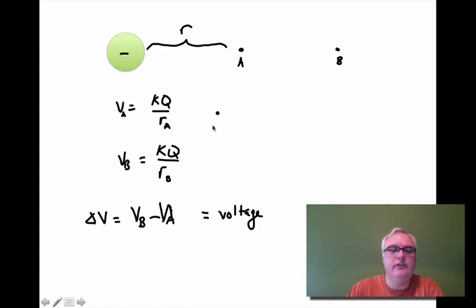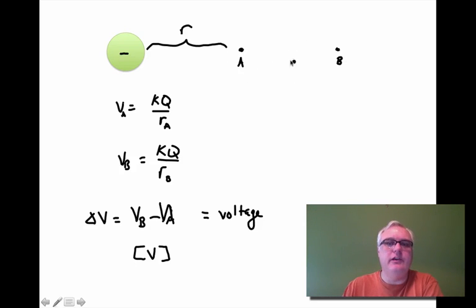So electric potential is measured in units called volts. So the potential difference is the voltage between those two points. Okay? If there is a certain potential difference, a certain voltage, then there is a certain difference in energy between those two, and there is the potential for there to be a change in energy or work done by the electric field in that region.